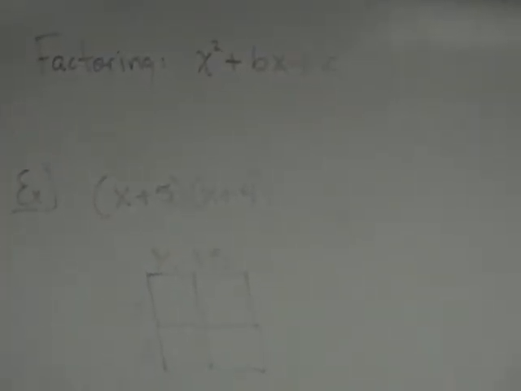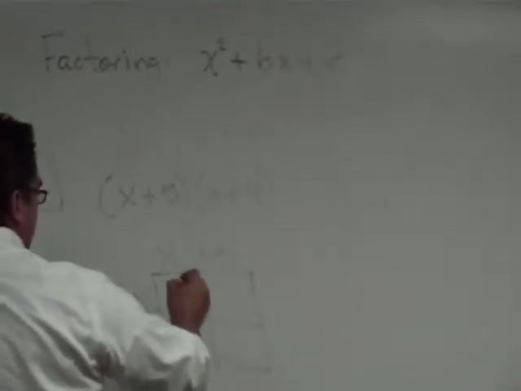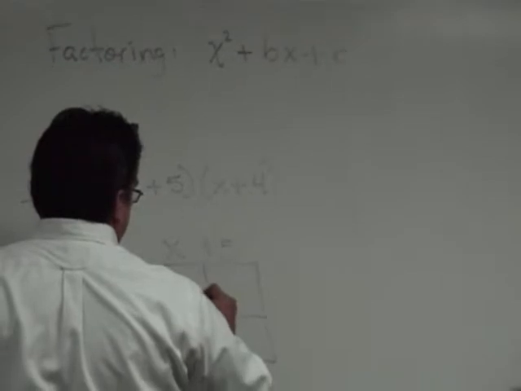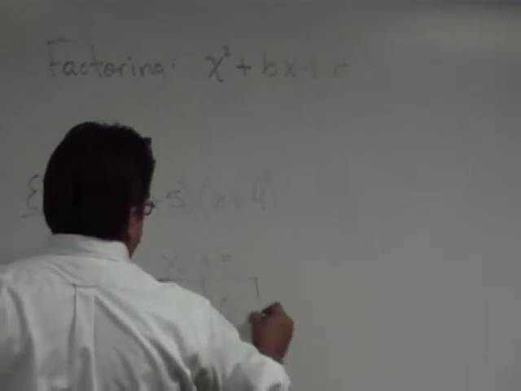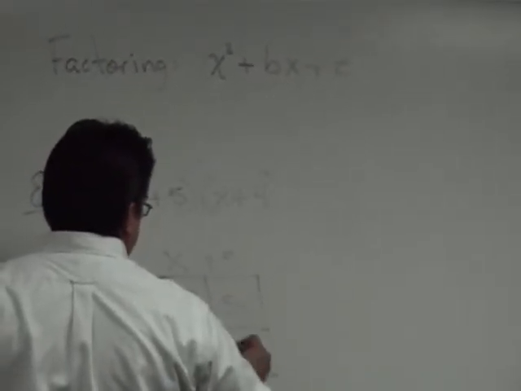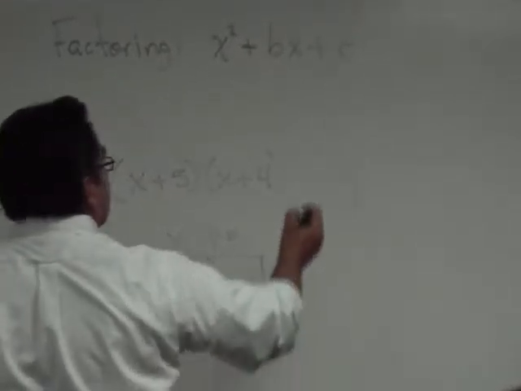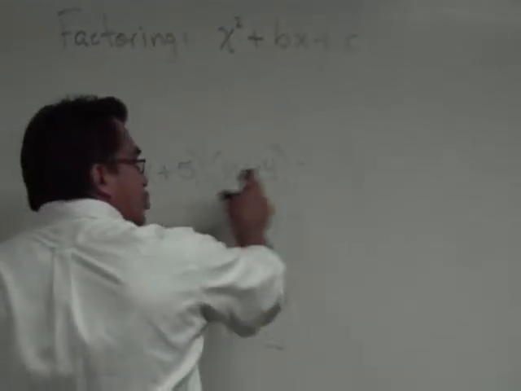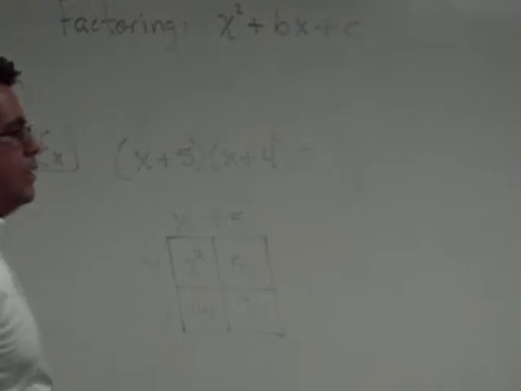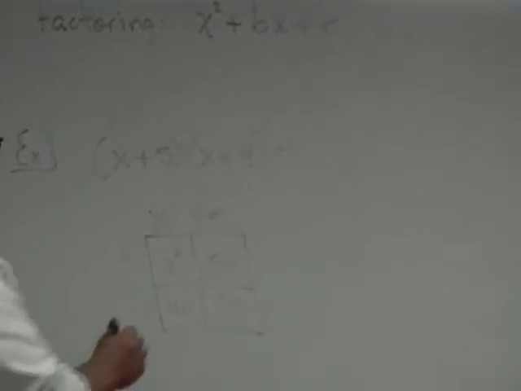Now, I know you know how to fill in all the boxes here. So we would have x squared, 5x, 4x, and 20. The point is that the product of these two binomials would be, what would be my answer? What would be my trinomial?